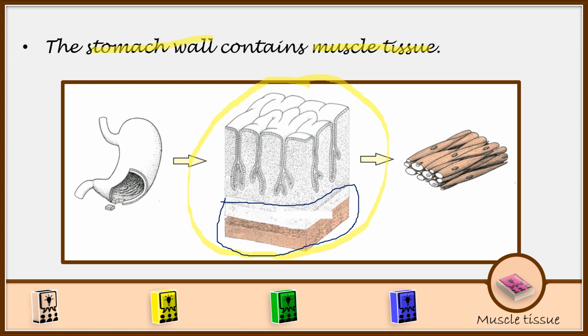And even the upper part is also made up of muscle tissue. So if you get this small part and you cut it, this is what you are going to see.